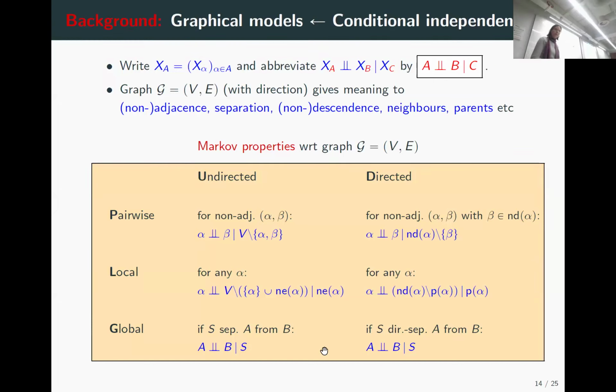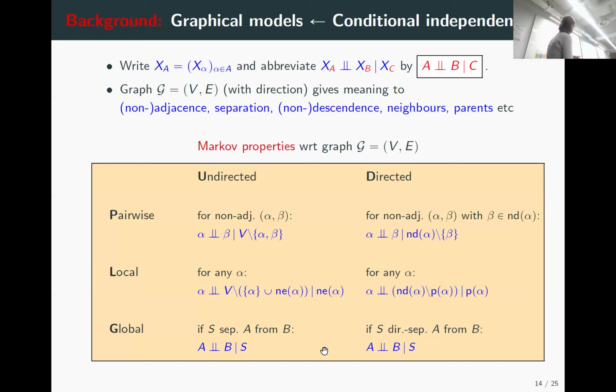If we want to have a graphical model, I need to give some further background. The backbone of these is the notion of conditional independence. Before we can have a notion of graphical model, we need to clarify what conditional independence means for us.